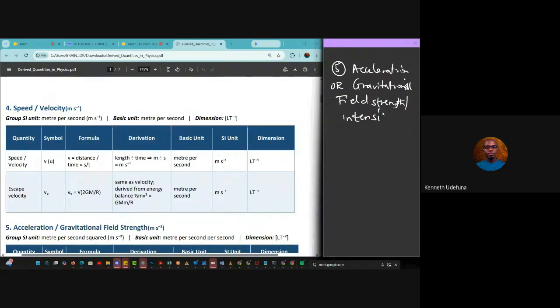Those of you in SS3, please take note of this, because this is one of the first things you're going to learn in your SS3.